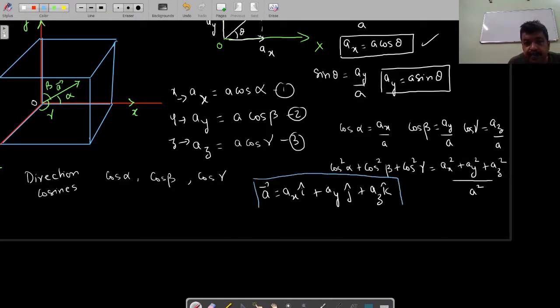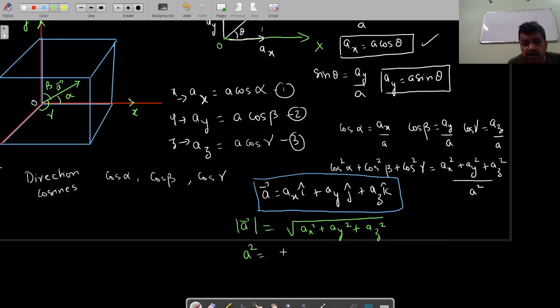That means the modulus of vector A is equal to the square root of ax square plus ay square plus az square. So a square is equal to ax square plus ay square plus az square.